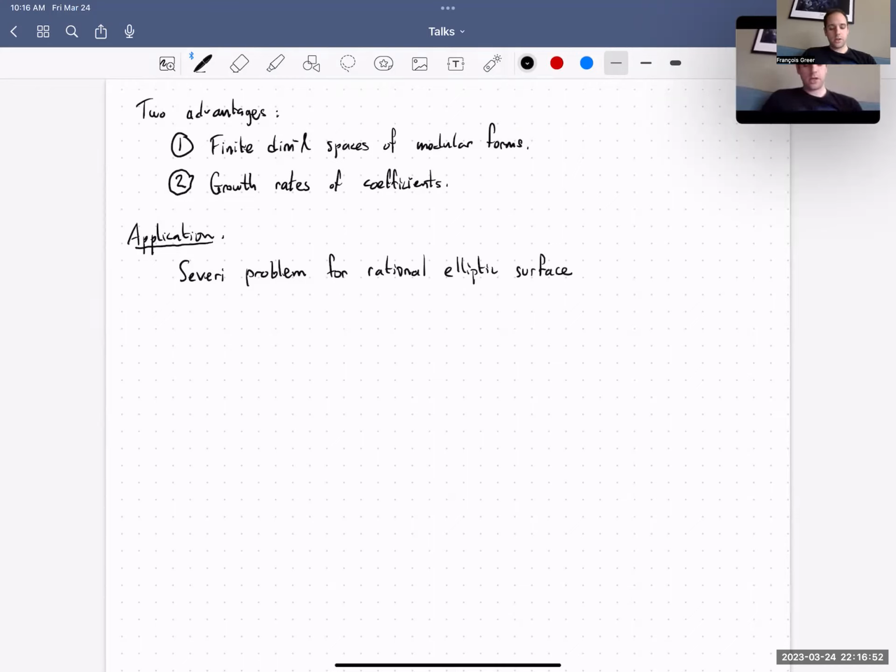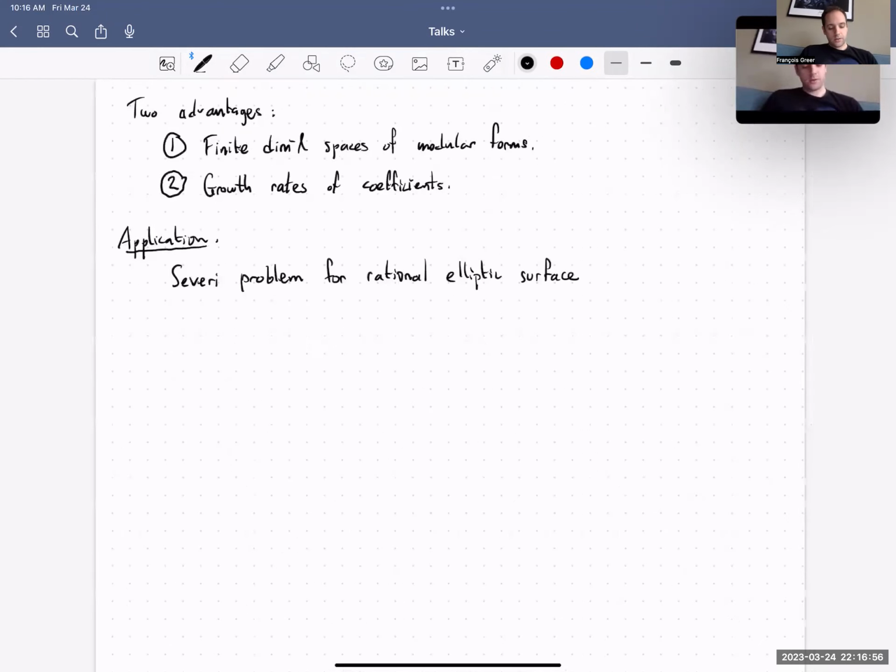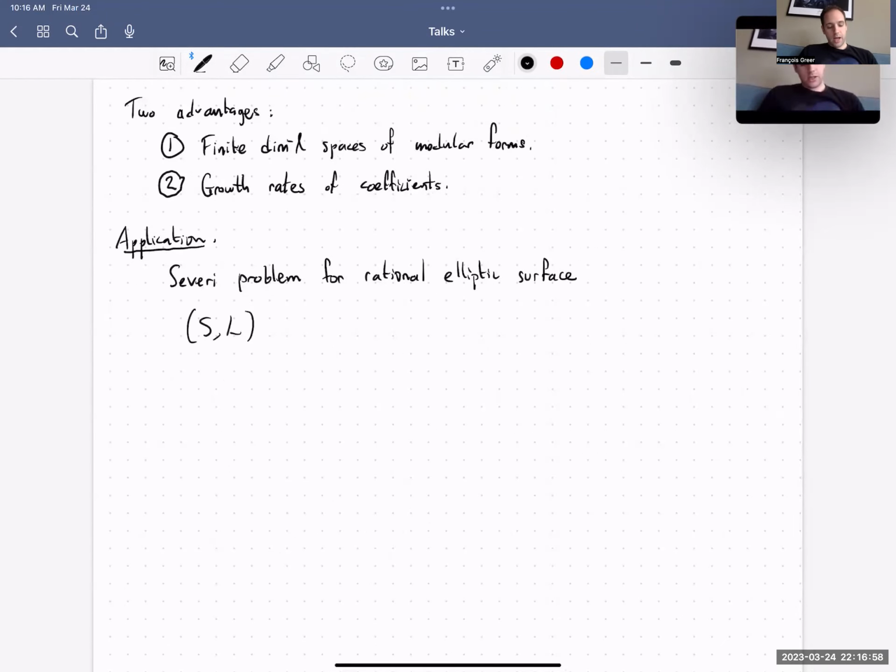Okay, so in general, if you're given an algebraic surface with an ample line bundle, so a polarized algebraic surface, you can look at the complete linear series of that line bundle, and there are subvarieties of that linear series whose points correspond to curves that have singularities.